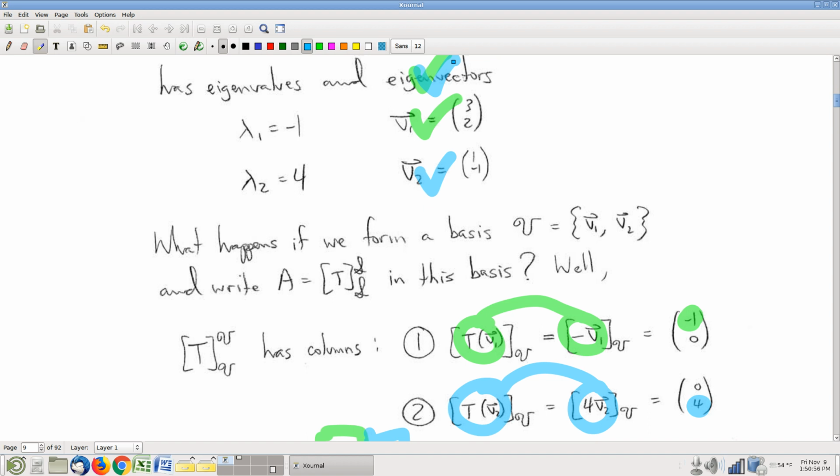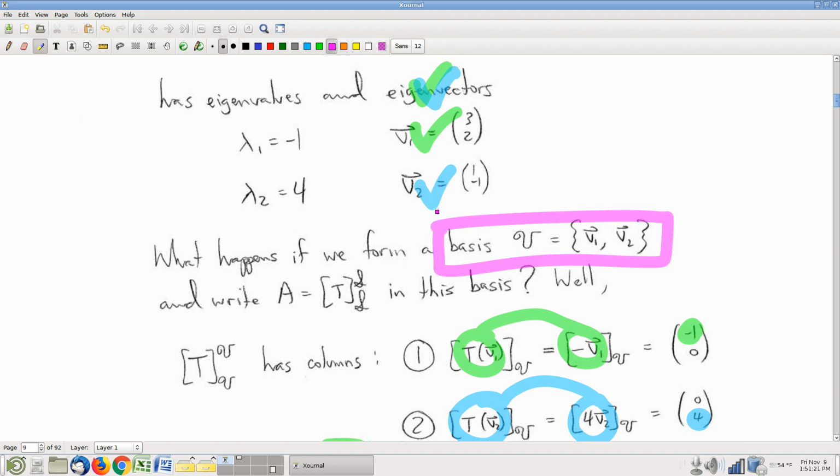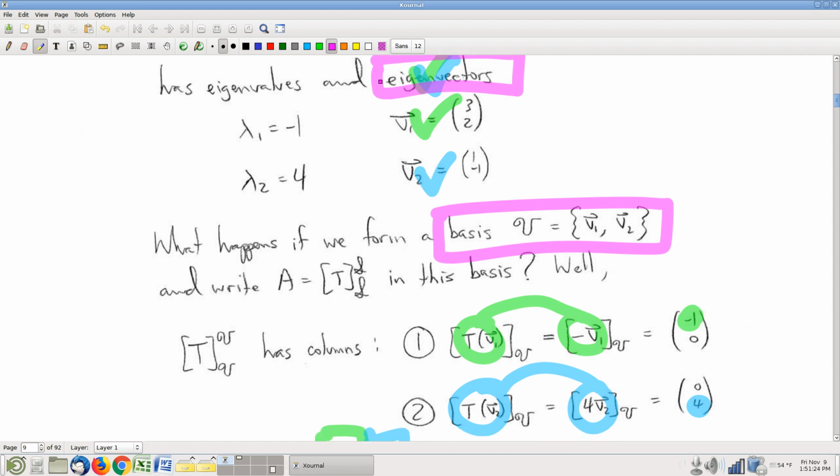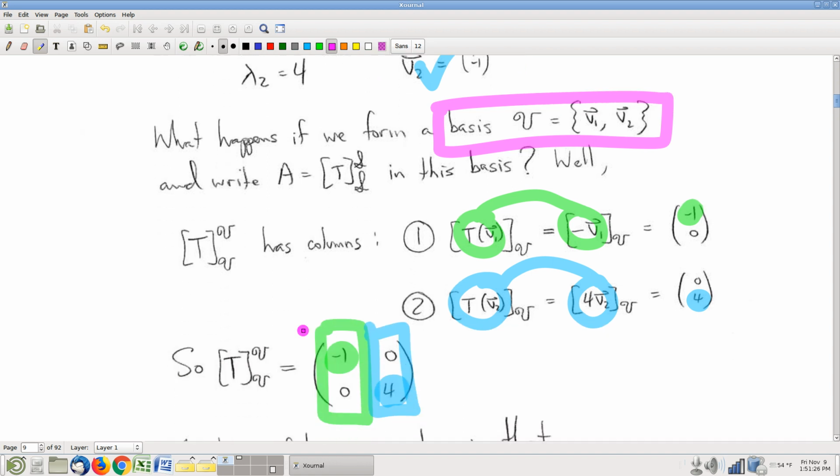So I hope this point of view is plausible and persuasive that this is not a coincidence. If you make up a basis of Rn consisting of eigenvectors, they don't have to have the same eigenvalues, just as long as they're all eigenvectors, a basis consisting exclusively of eigenvectors, then this is going to be diagonal.